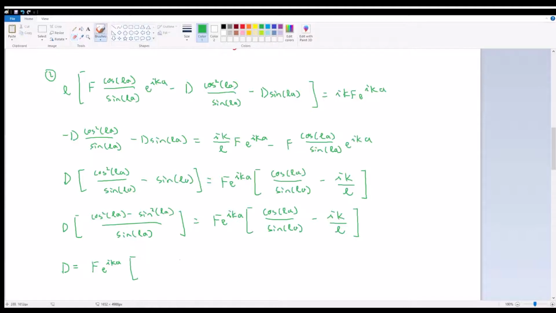We take the reciprocal of this to move it to the other side, so we have cosine LA over cosine squared LA minus sine squared LA. And then we are subtracting by IK over L multiplied by sine LA over cosine squared LA minus sine squared LA.